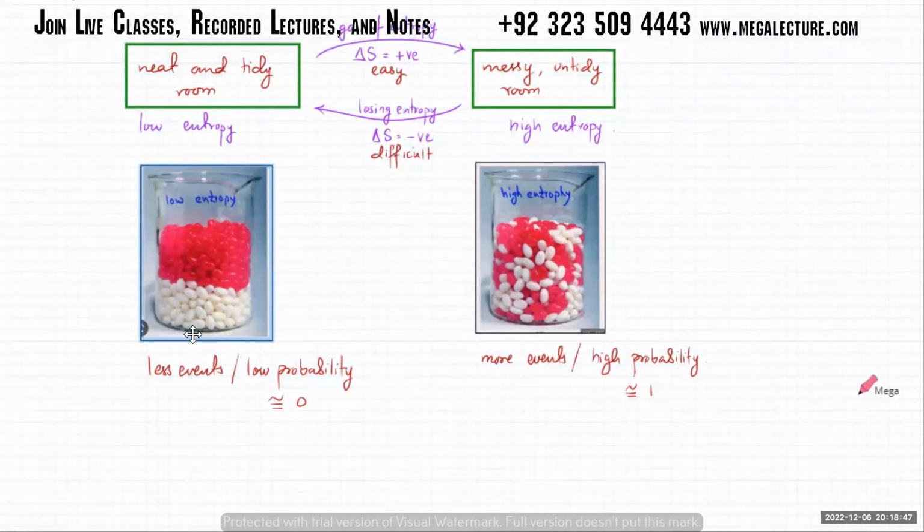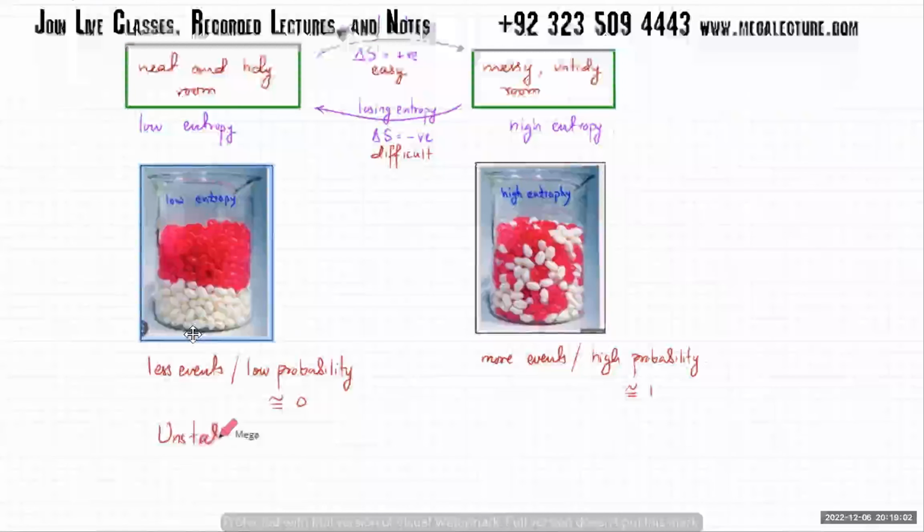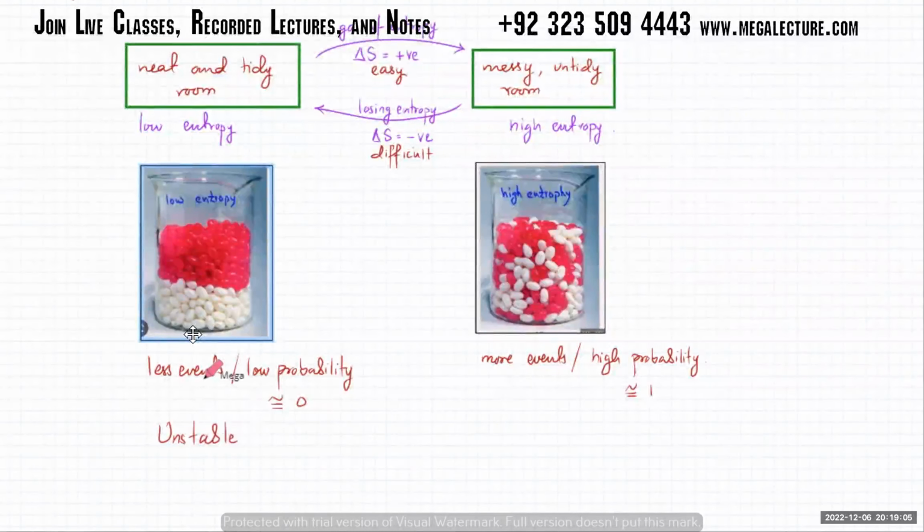It's very unstable. So the universe does not like low entropy states. This one is unstable. It changes very quickly into a high entropy state. And this other one, the high entropy state, is going to be very, very stable.